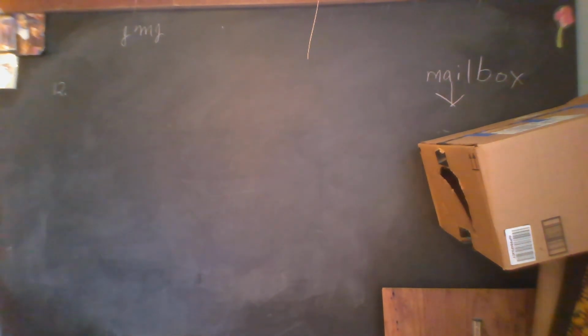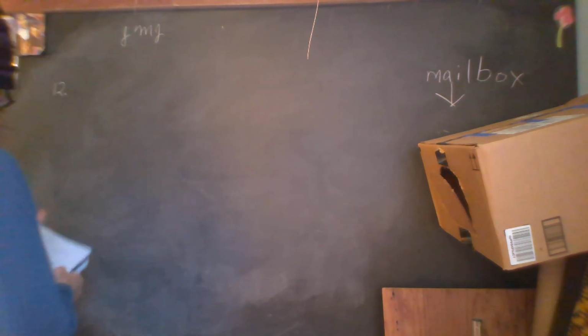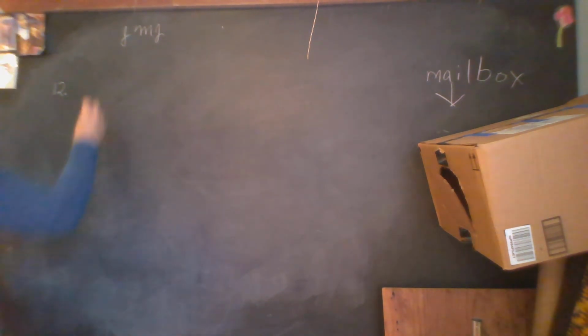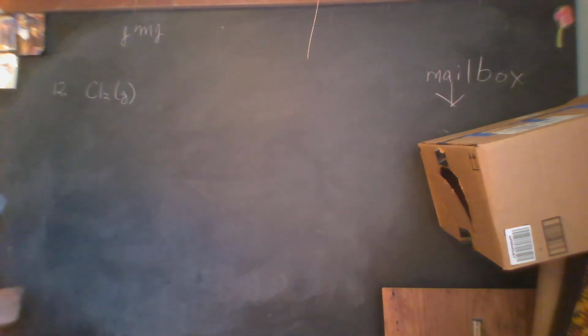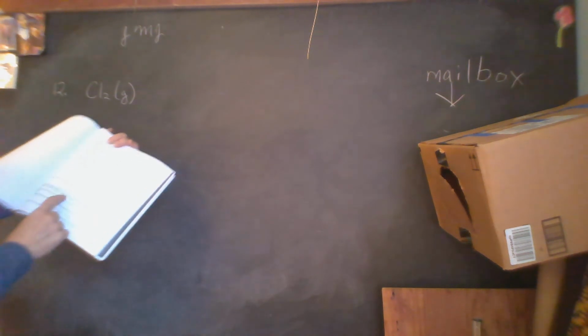So, chlorine gas. Chlorine gas is one of the homonuclear diatomics. And so we're going to need to write it as Cl2, okay? So this is Cl2 in a gas form. That's what that means, chlorine gas.